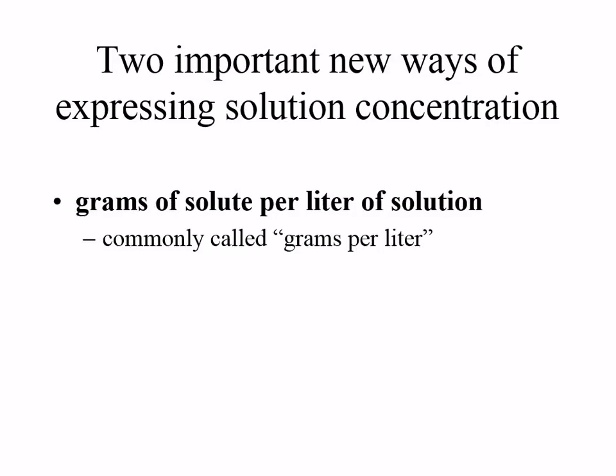So the two ways of describing the amount of solute in a given amount of solution, which is the solute plus the solvent, that I want to talk about are grams of solute per liter of solution. I'm going to go ahead and unpack that right there. If you see g/L, that probably means grams of solute per liter of solution.